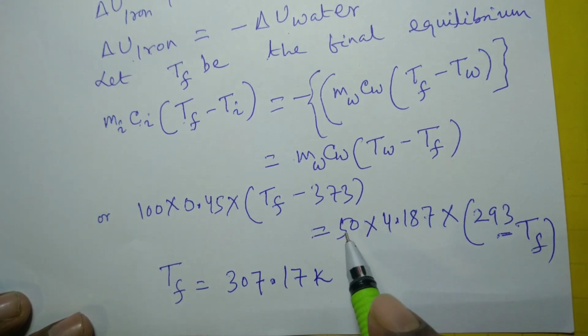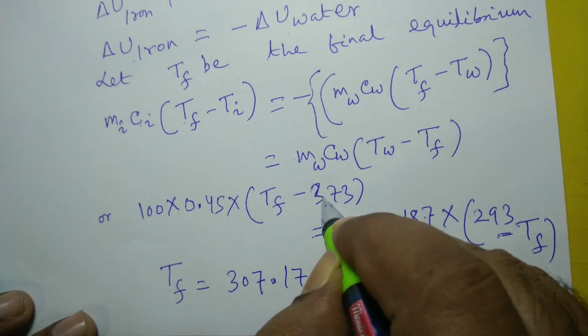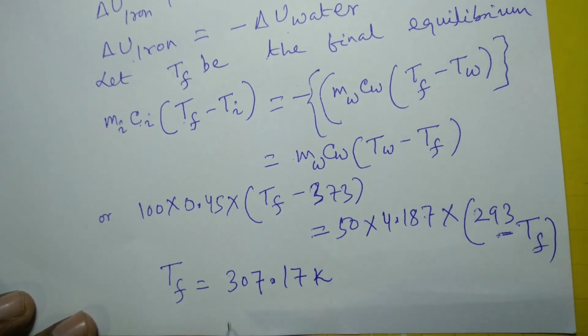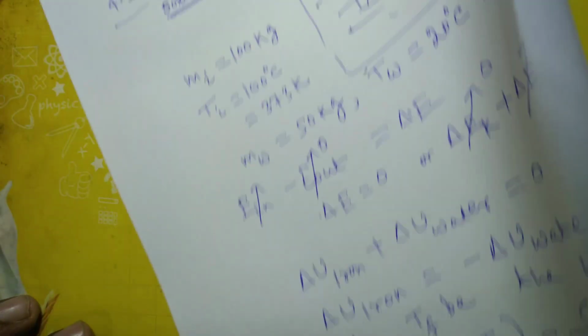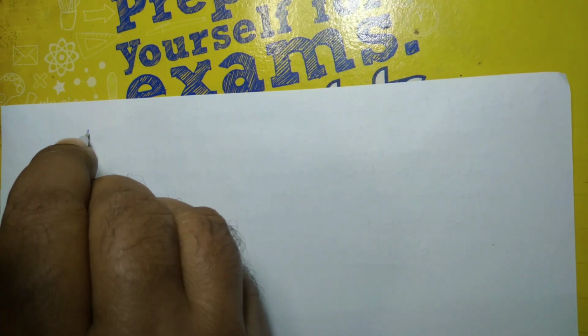Tf will obviously be less than 100 degrees Celsius, so less than 373 and more than 293, and it will be 307.17 Kelvin. So now we have to calculate the change in entropy of iron.